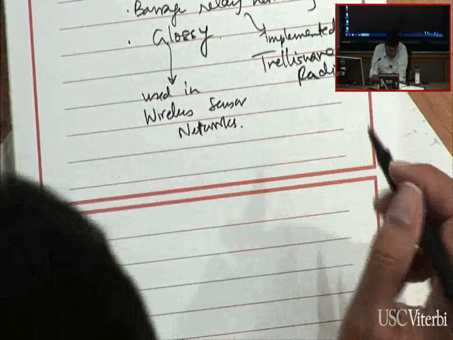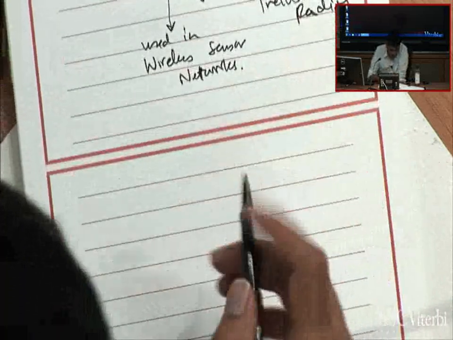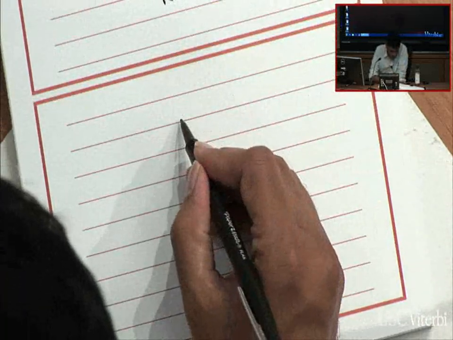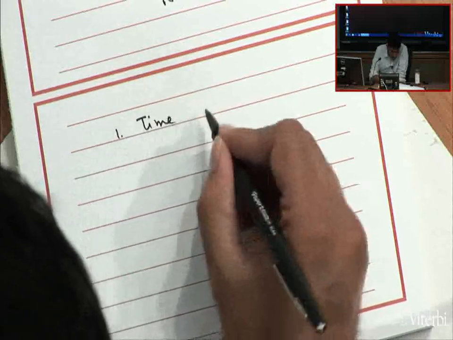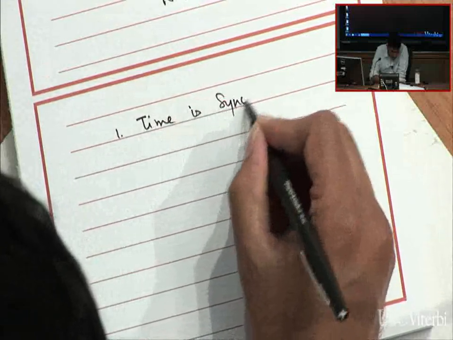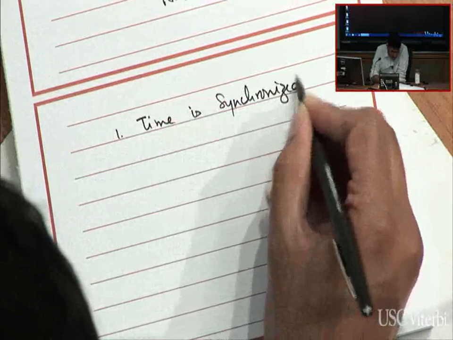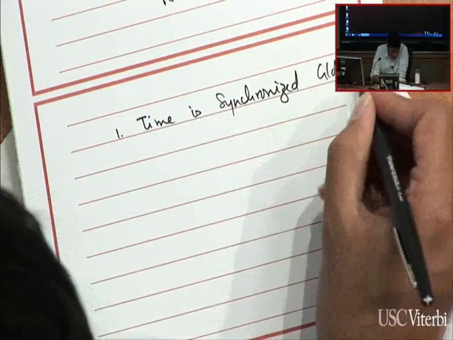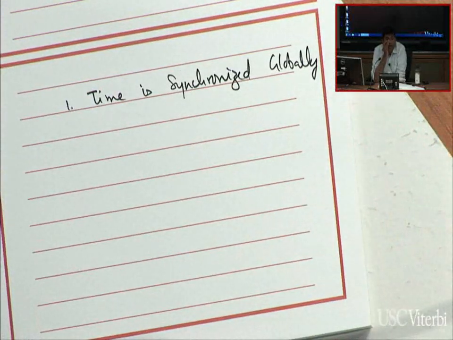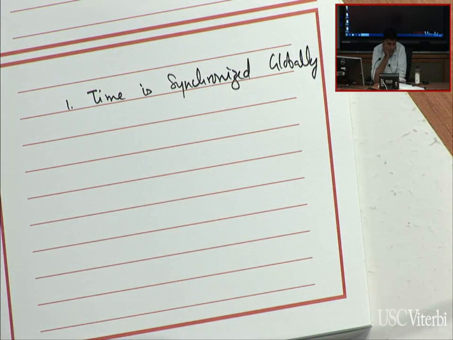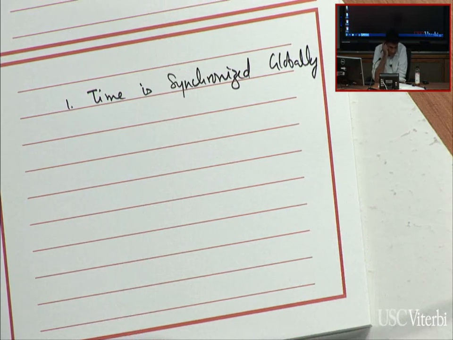So the basic idea of this class of protocols is, so the first is that it requires all of the nodes to have synchronized clocks. It's a scheduled mechanism that requires everybody to know exactly when a slot starts.